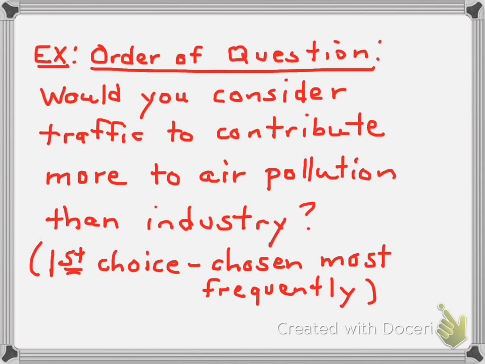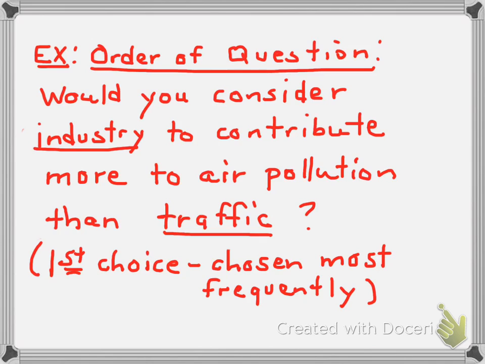For example, this question was in a survey: would you consider traffic to contribute more to air pollution than industry? Most of the time when there's a choice, the first choice given is the one that's chosen most frequently. So in this wording, traffic was chosen as contributing more to air pollution than industry.